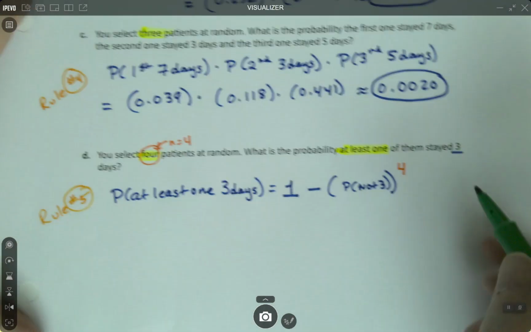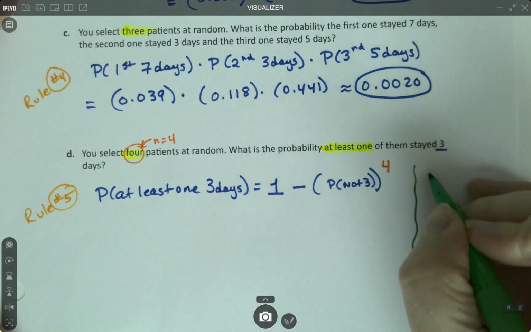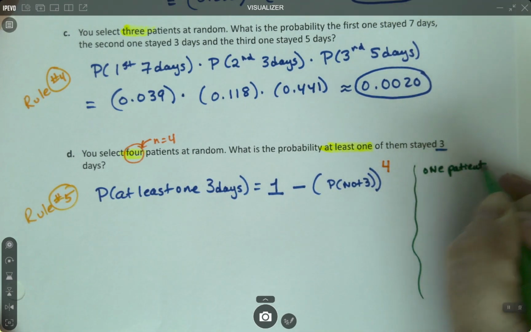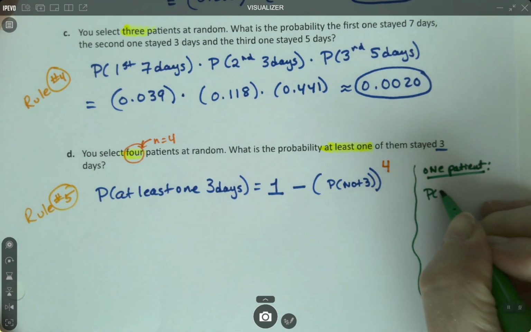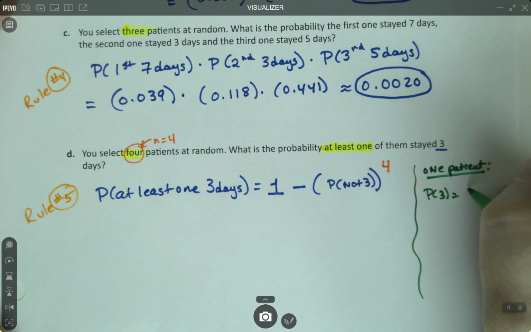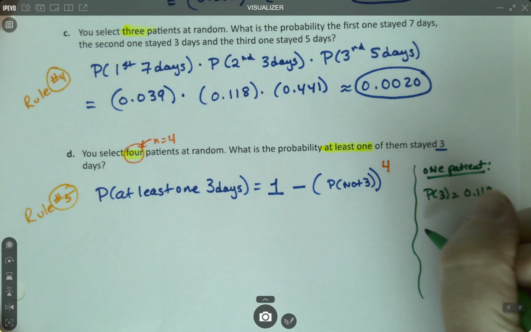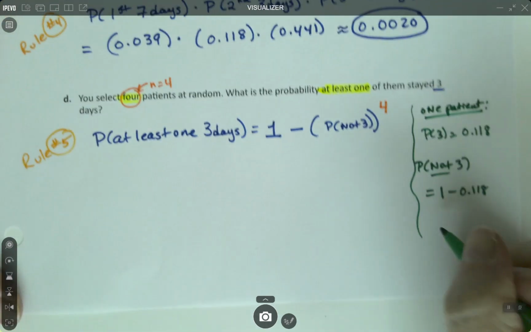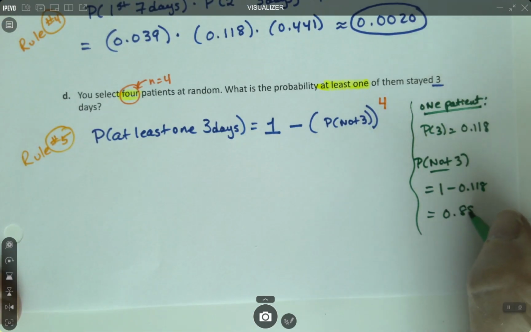I'm going to have to go off to the side, remember, and figure this out for 1 trial, for 1 patient. For a single patient, the probability of 3 is given to us in the table. It's 0.118. So the probability of not 3 is 1 minus 0.118, which would be 0.882.